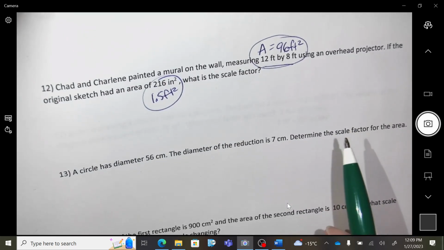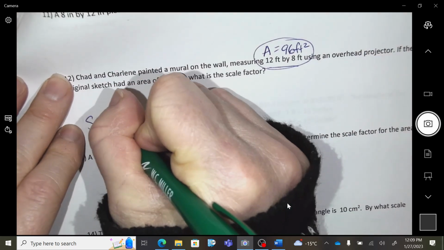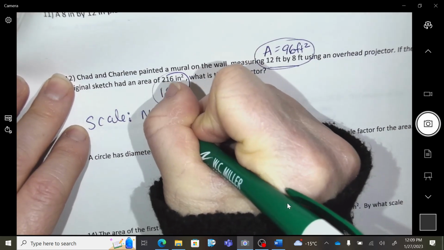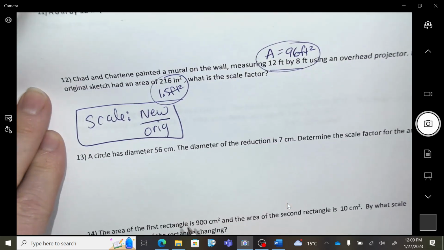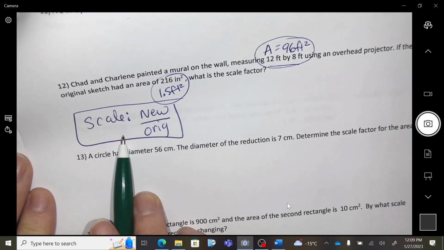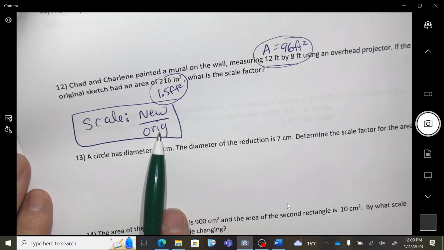Okay, how do you do scales? It's always we need to write this. A scale is always new divided by original. That needs to go on your cheat sheet. Your scale that you write is always your new divided by original.